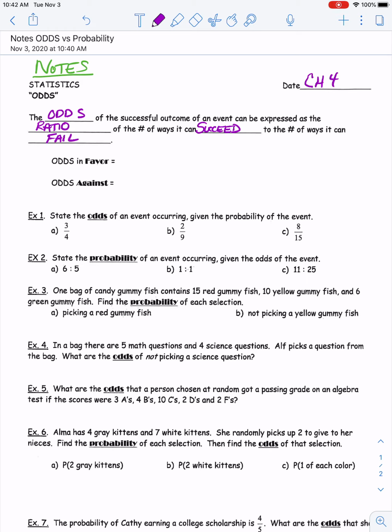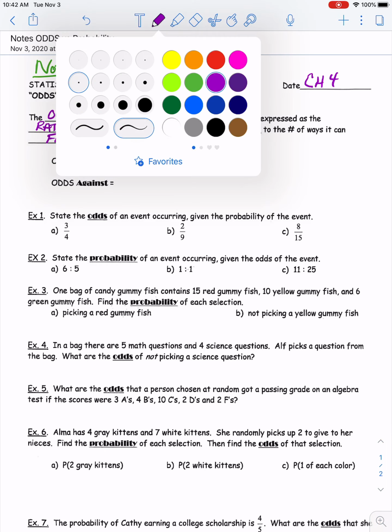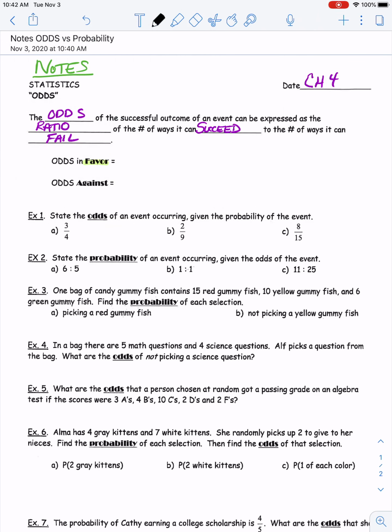So we're looking at successes to failures. If I say the odds in favor of something, you would write that out as the number of successes to the number of failures.